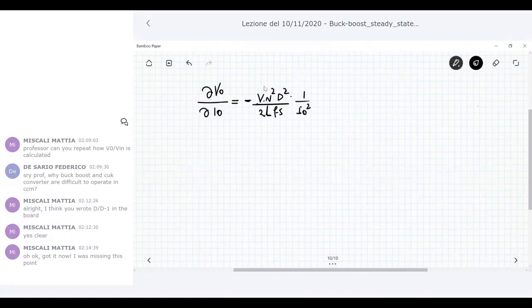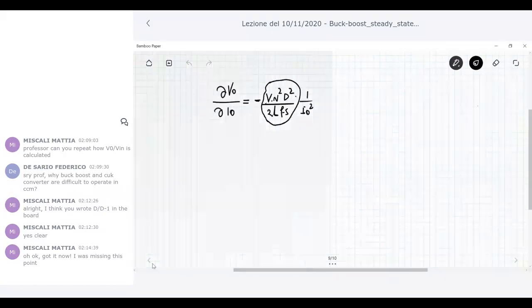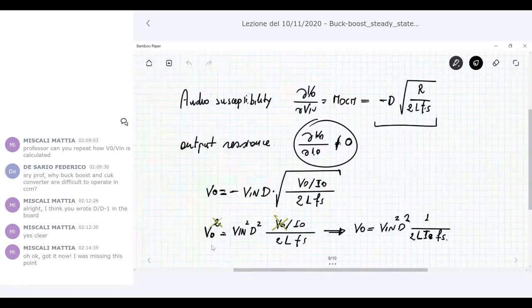Now look at this term here, V in 2L Fs D square, all this contribution here. Remember V naught square that we previously derived.